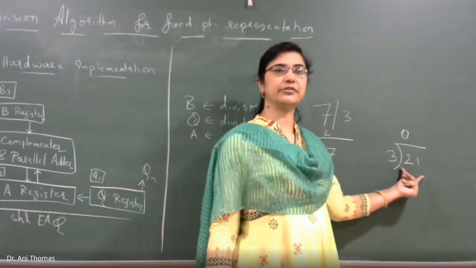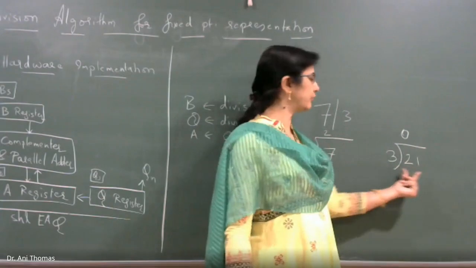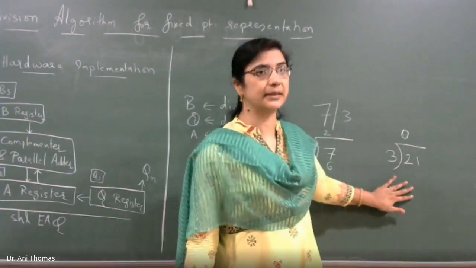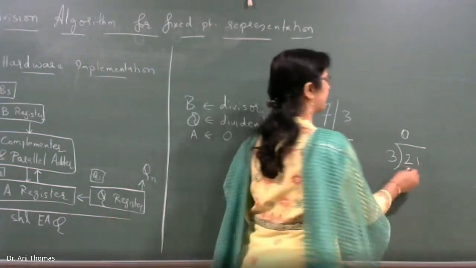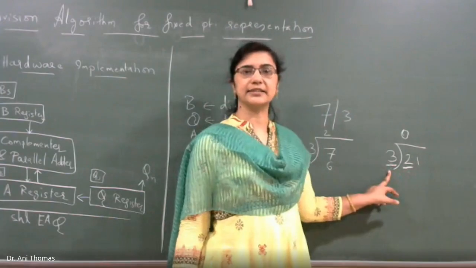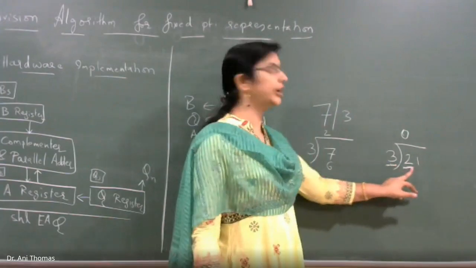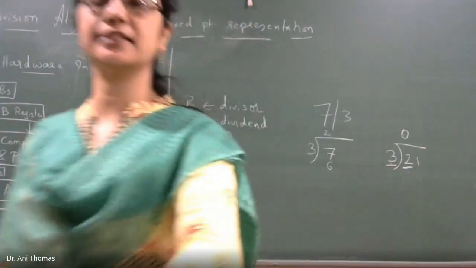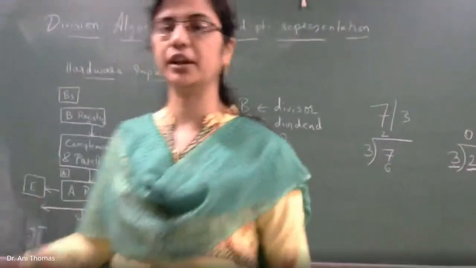If 21 is greater than 3, then we go for dividing 21 by 3. So this is the concept: we check whether this number is greater or smaller than this number, and only then do we go for a subtraction.